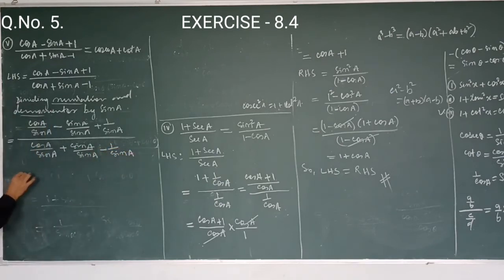Okay, after that we know that cos by sin is cot, minus 1.